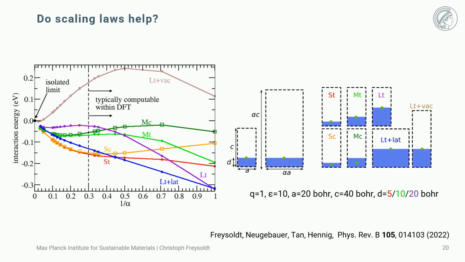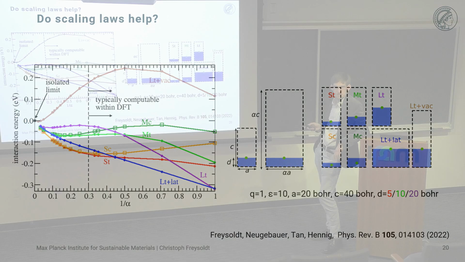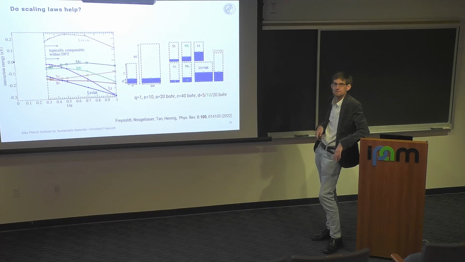The problem in all this is that if you don't have the corrections, and I have made estimates here of what you can actually do in DFT. If you would just look at this data in DFT, this is what you would see. And if you would now assume, look, this is such a simple situation, we can just make a low-order polynomial in order to fit this, this is what you would get.